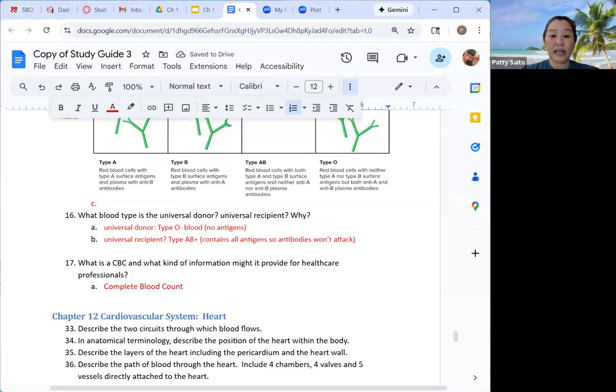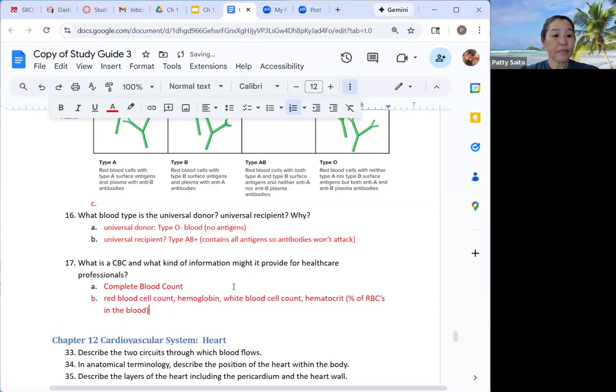Complete blood count. What does that include? A lot of things. Red blood cell count, hemoglobin, white blood cell count, hematocrit, which we already know.